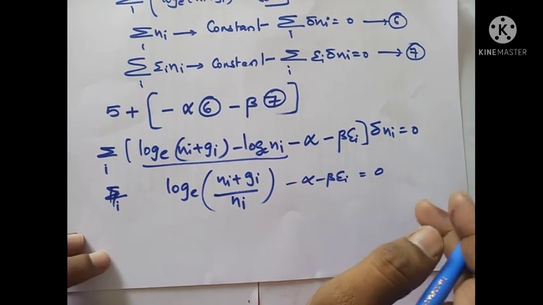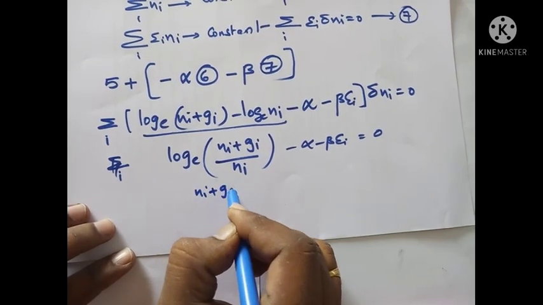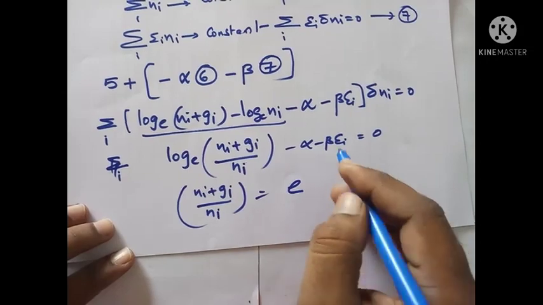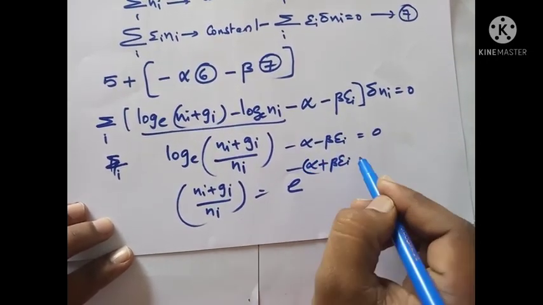All right, so now finally what we get there, here I'm writing this one as (ni plus gi) by ni. If we remove the log function here, we'll get e to the power of minus alpha plus beta ei.